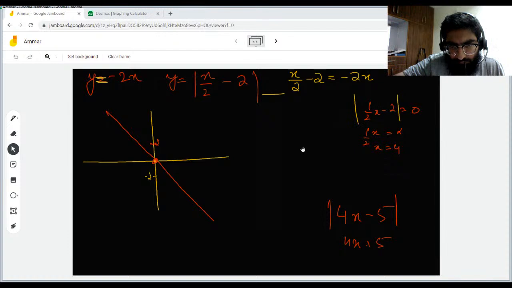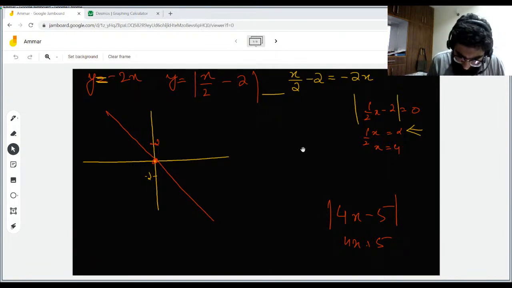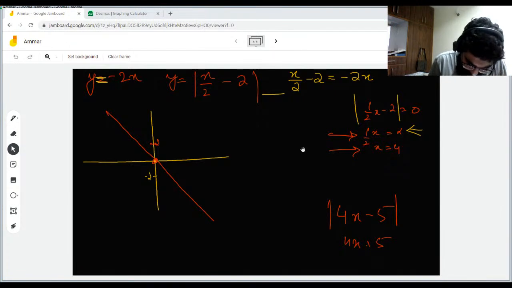Now what would you do? You would simply put x by 2 minus 2 is equal to 0. I mean the way like this. Okay, so then it becomes 4.